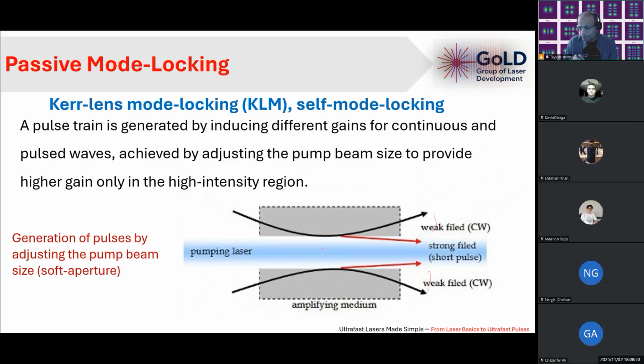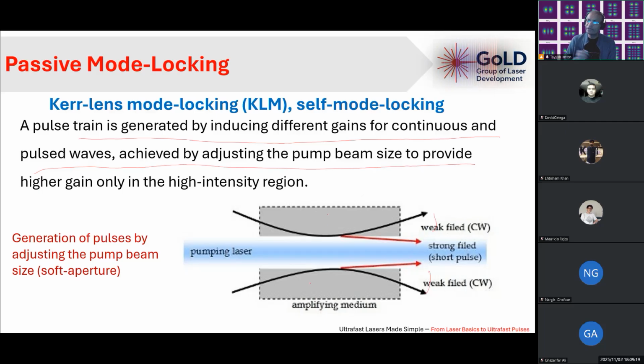So this pump actually helps to optimize this mode locking, Kerr-lens mode locking or self mode locking phenomenon. You can read here what it says: a pulse train is generated by introducing different gain for continuous pulse waves, achieved by adjusting the pump beam size.